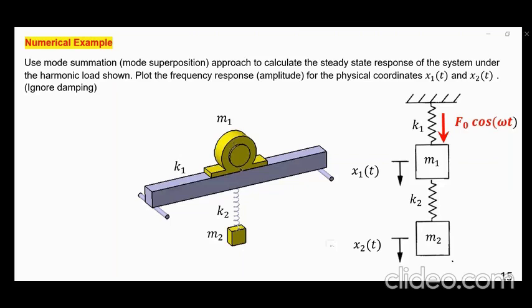Because of the inherent unbalance, it applies a sinusoidal load to the mass M1. Think about M1 as the fan, or the fan plus the mass of the beam. We know how to do problems like this from the first 3 or 4 weeks of the course.